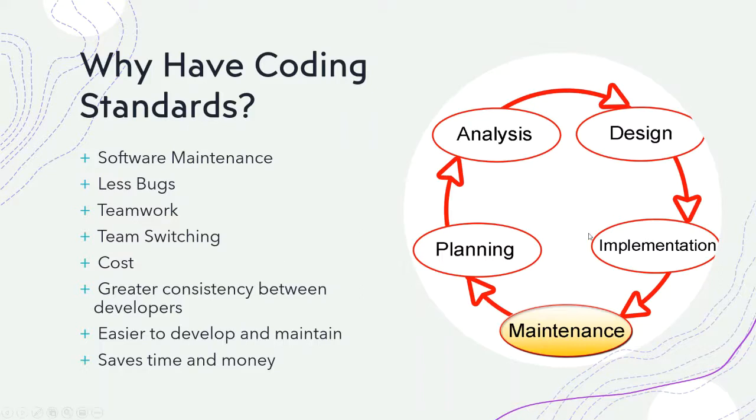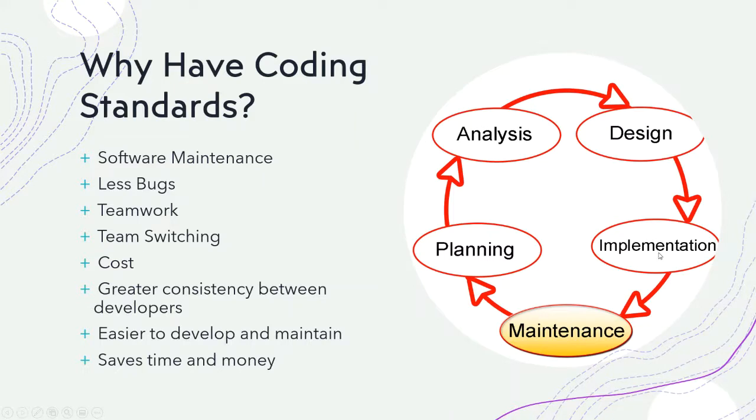So we have this data flow here, or the program flow. We'll start with the planning, and it would undergo analysis. After the analysis, there will be different designs that will come up. And after we settle on the design, there will be implementation.